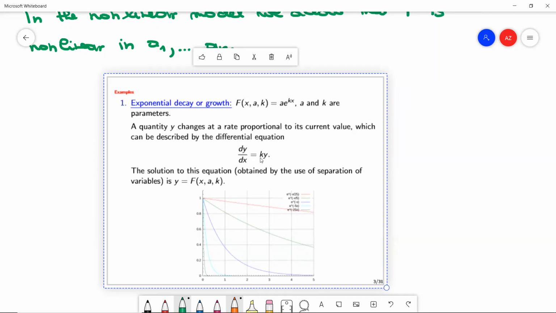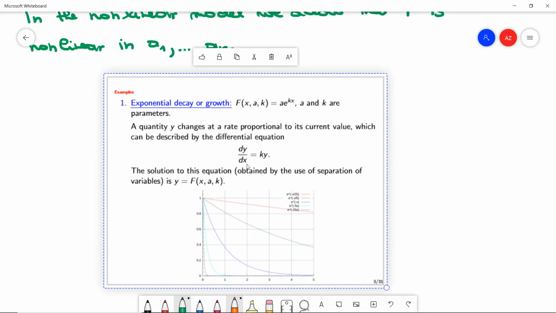So this k is the proportionality constant. We have this differential equation which has to be solved, and the solution of this differential equation is exactly an exponential function which depends on this k and a.